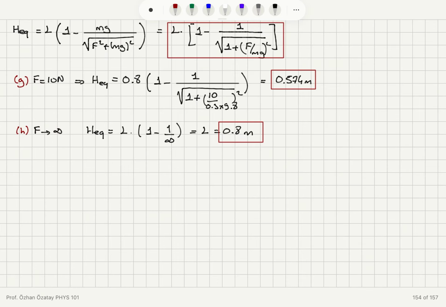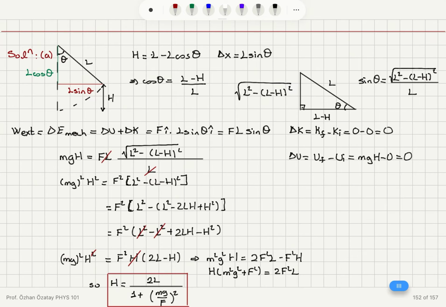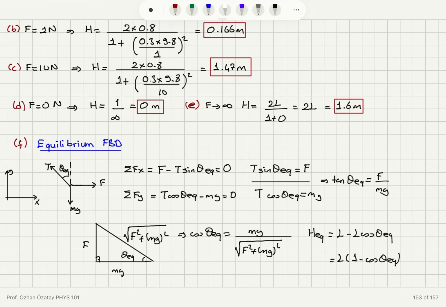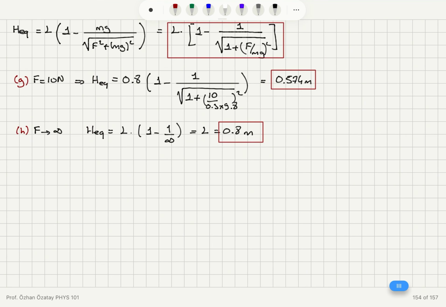And the equilibrium height as F goes to infinity becomes L. That makes sense. If you apply a basically infinite force F to the right, the ball will be at equilibrium pointing in the horizontal direction.